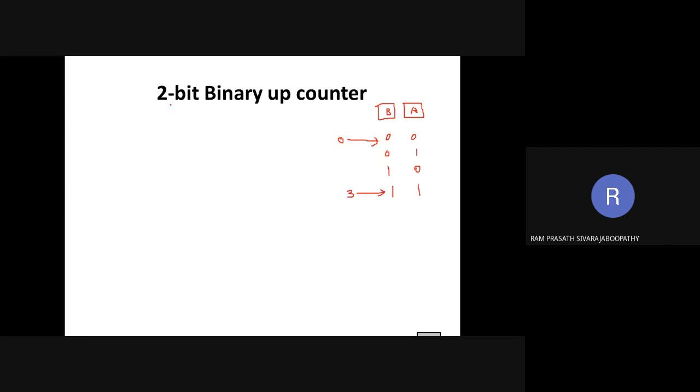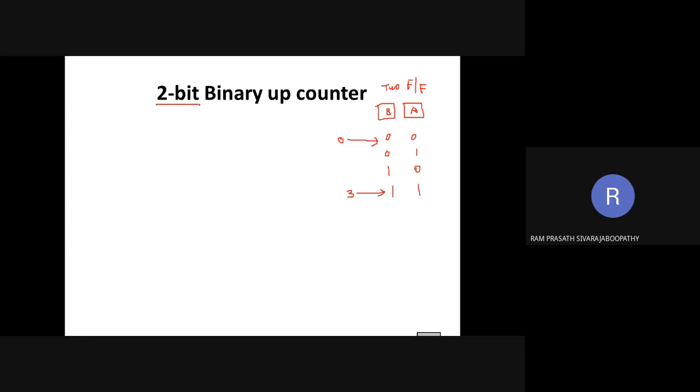First thing we have to understand, 2 bit means 2 flip-flops we need. Clear? We didn't say mod 2 counter. Mod 2 counter meaning number of states is 2 only. But here, when we say 2-bit binary up counter, we directly specify the number of flip-flops. 4-bit binary up counter means 4 flip-flops must be there.